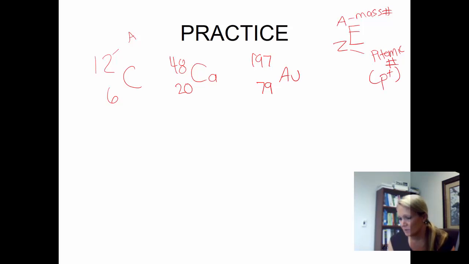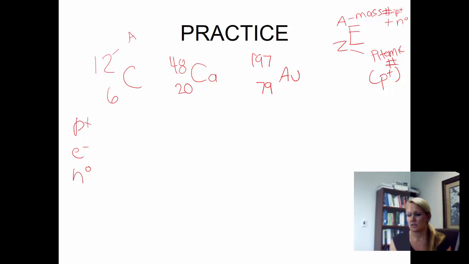And what we're going to do is determine how many protons, electrons, and neutrons we have for the isotope that's given to us. So we're given the isotope carbon-12. 12 is the mass number. So mass number is equal to protons plus neutrons.